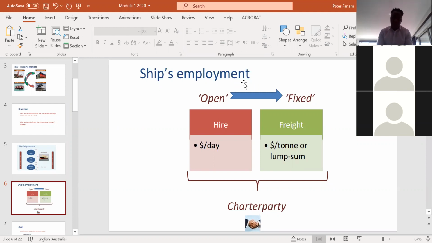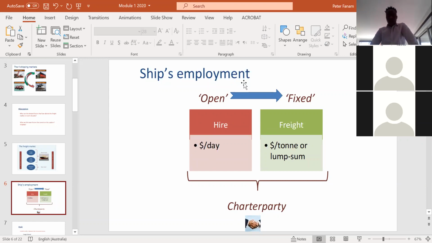And when they come into the market with the empty ships open, and they are able to secure and negotiate a contract, and the contract is agreed, then we say that the ship is fixed. So the ship is fixed. And then that contract that they agree on is what we call the charter party, as I explained previously.